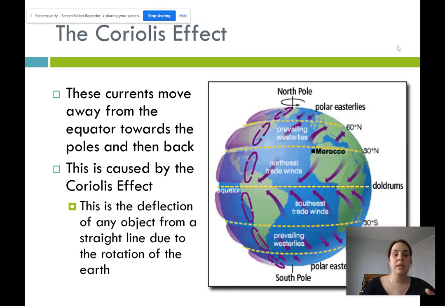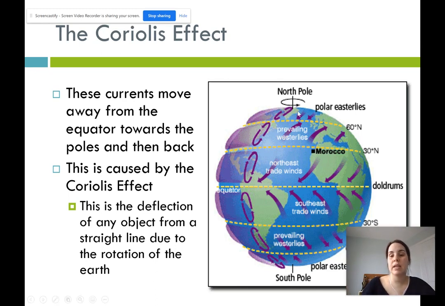These movements or currents that move away from the equator and back towards the poles are consistent. We see these patterns often, and they can be caused by something called the Coriolis effect. It's a fancy physics term, so don't worry too much about it, but it's just the deflection of any object from a straight line when it's spinning.